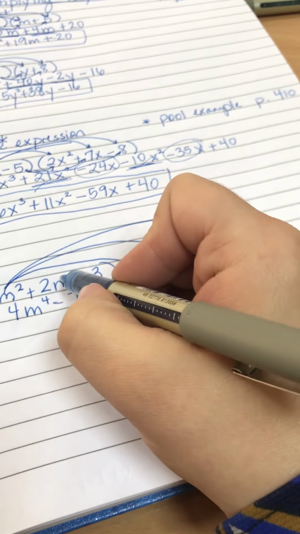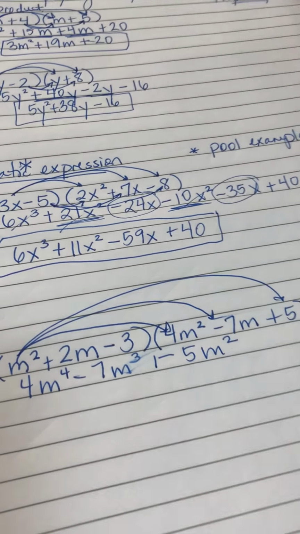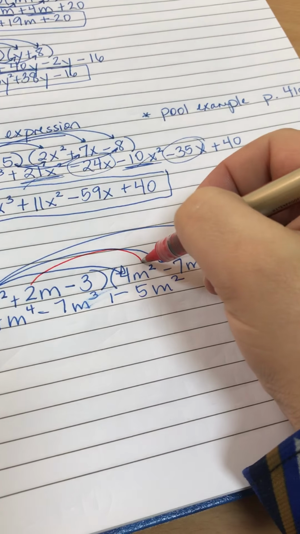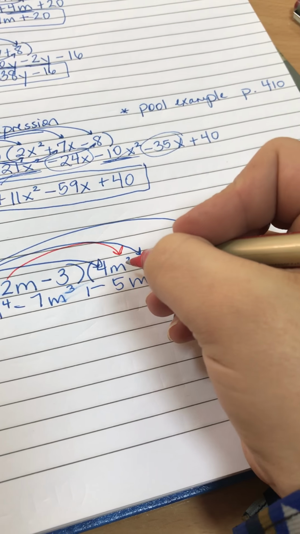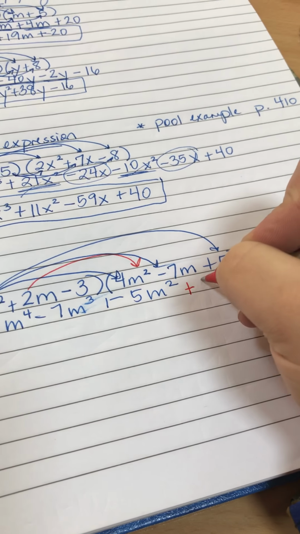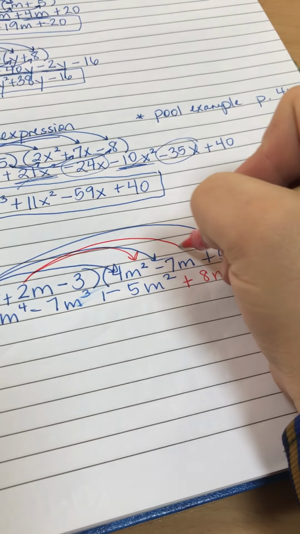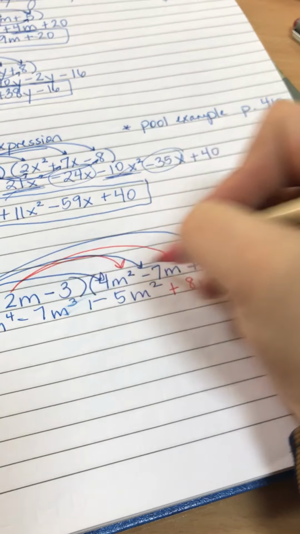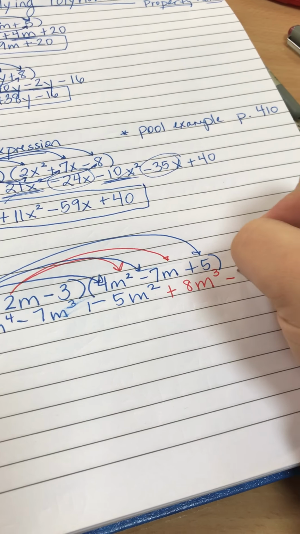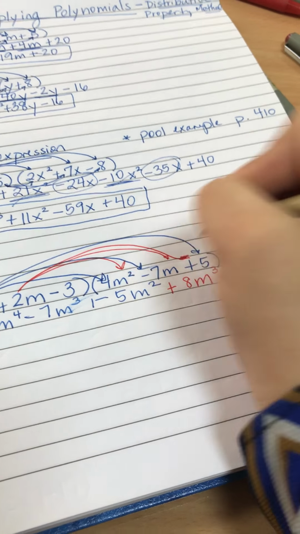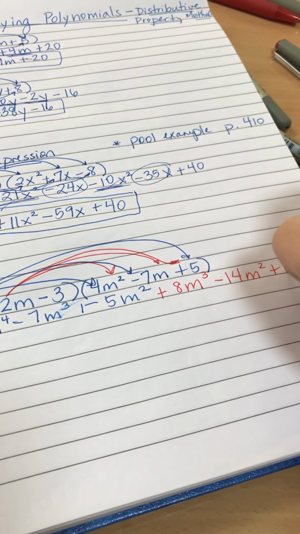Then I'm going to do the 2m. Let's do that one in a different color so we can see it a little bit better. 2m multiplied by 4m squared is going to give me 8m cubed. 2m and negative 7m is negative 14m squared. And then 2m and 5 is a positive 10m.